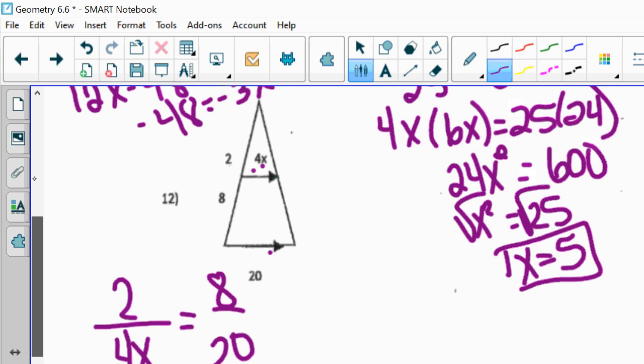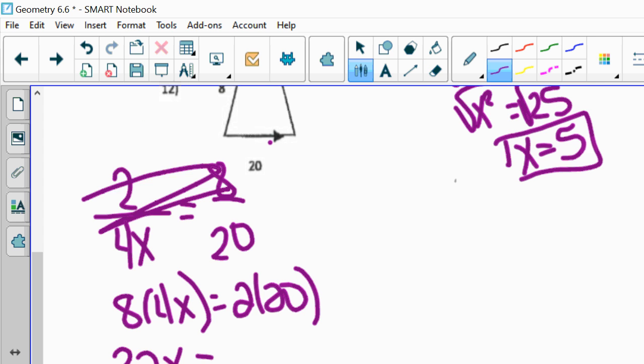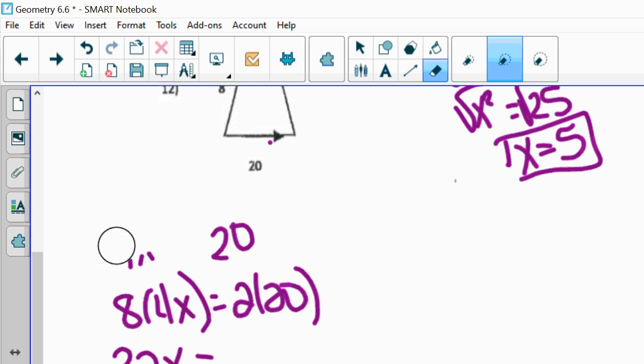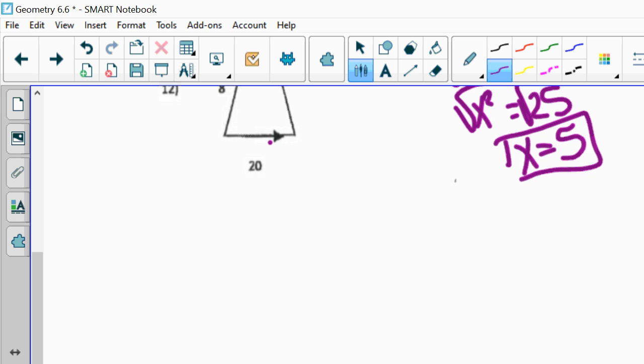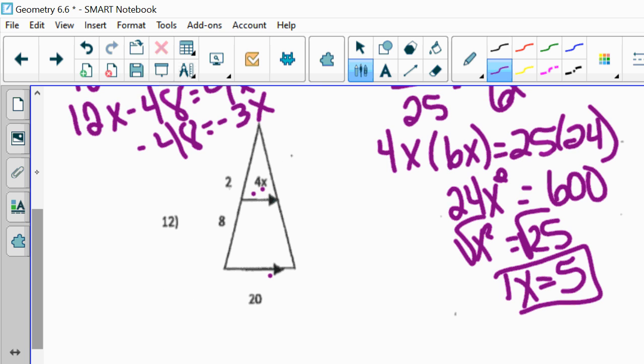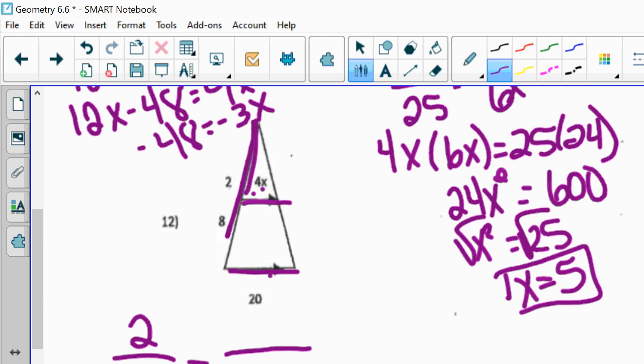I made another mistake on that one. Let me erase. I did not set that up properly. Go back. So remember this 2 over 4x, okay? So 2 over 4x equals, over this entire bottom is this entire side up here.